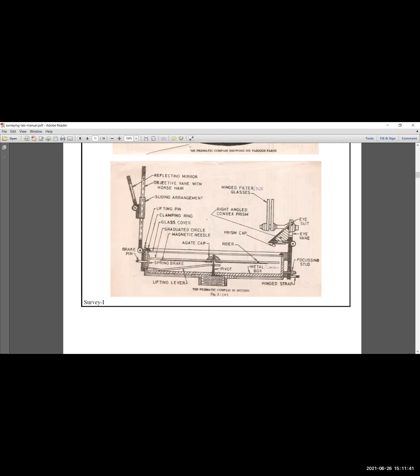Here is the lifting pin. Behind the lifting pin, the clamping ring is provided and adjacent to it a glass cover is placed over the graduated circle. Here the magnetic needle is provided, which shows the north direction, also marked on the magnetic needle. Here is the agate cap. This is the pivot and here is the lifting lever.